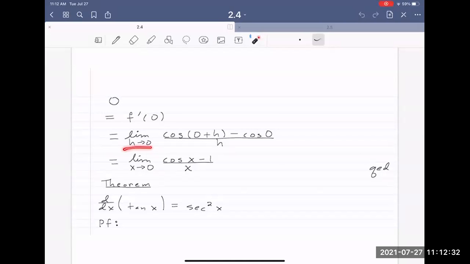So this is equal to the limit as h approaches 0 of cosine h minus 1 over h. Let's rewrite each of these h's as an x. So this is equal to the limit as x approaches 0 of cosine x minus 1 over x. And that's what you want to show, that this was equal to 0. Any questions about that?